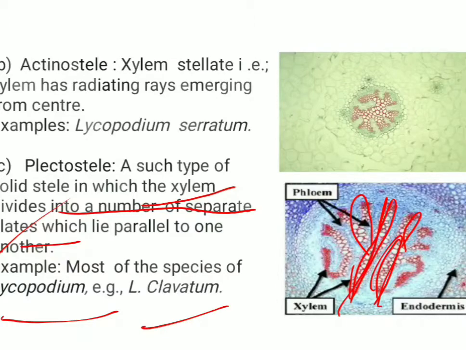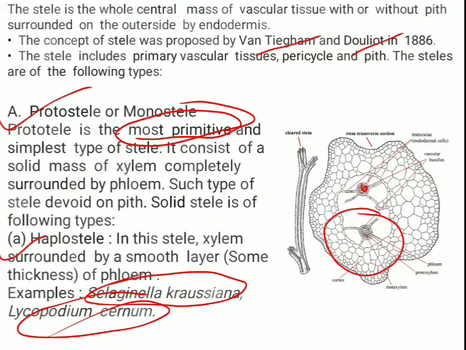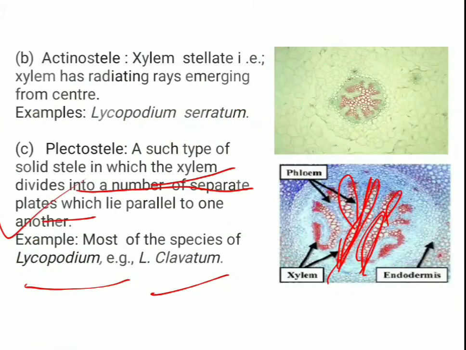Okay, these are the types of protostele. You can see in these three figures, pith is completely absent. Okay, and their xylem is arranged in different manners, so they are divided into three types: first haplostele, then actinostele, and then plectostele.